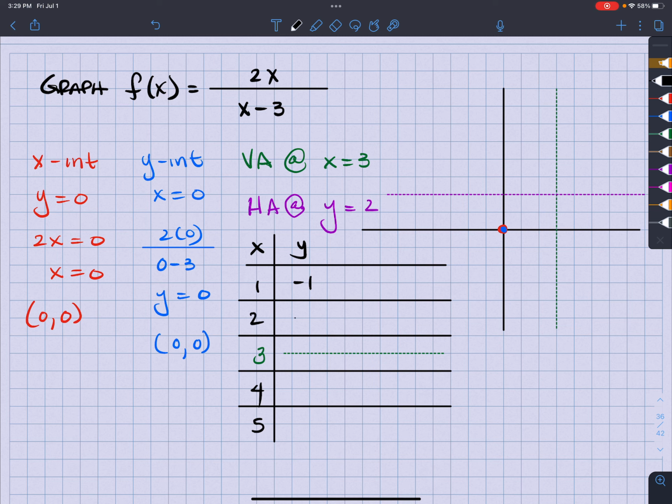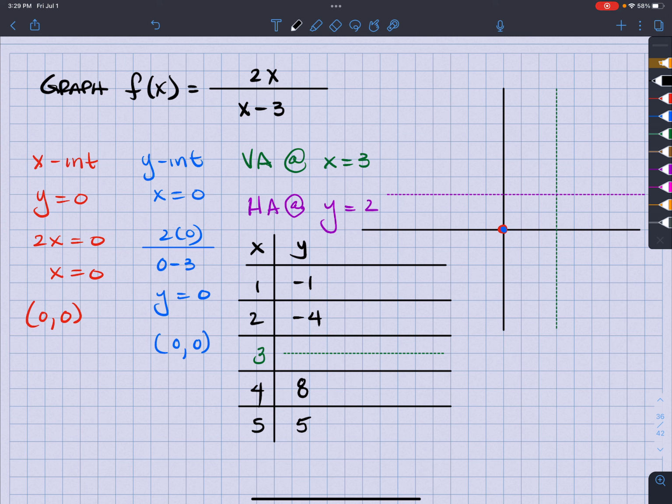So I'm going to have negative 4. At 4, 2 times 4 is 8, and 4 minus 3 is 1, so I'm going to have 8. At 5, 2 times 5 is 10, and 5 minus 3 is 2, so that's going to be 5.